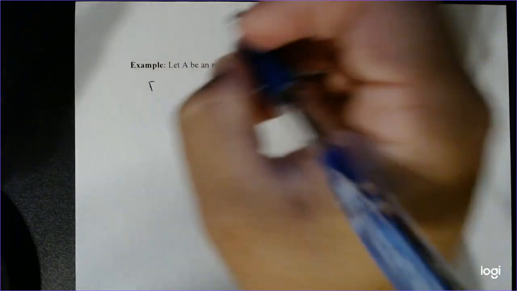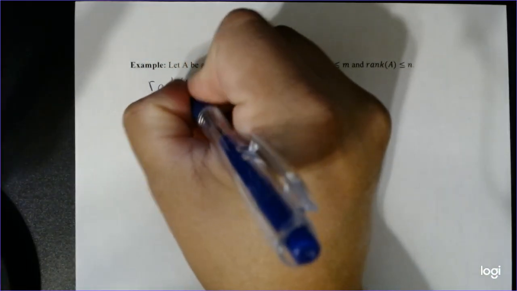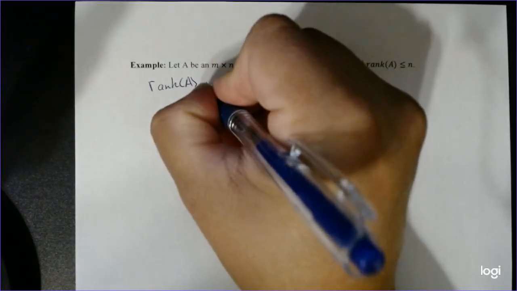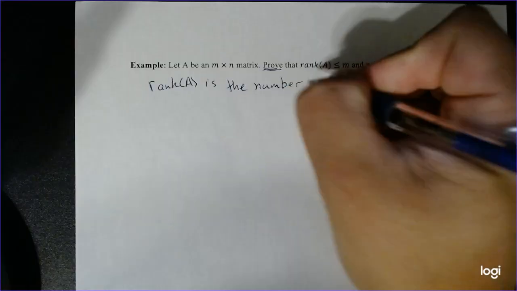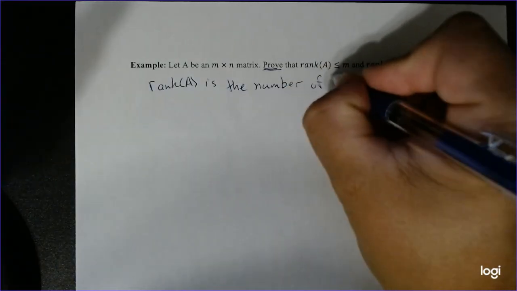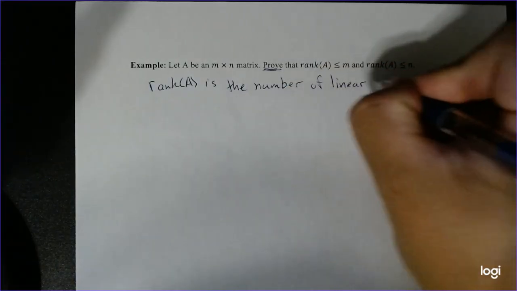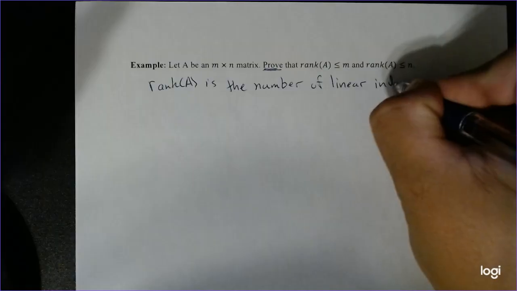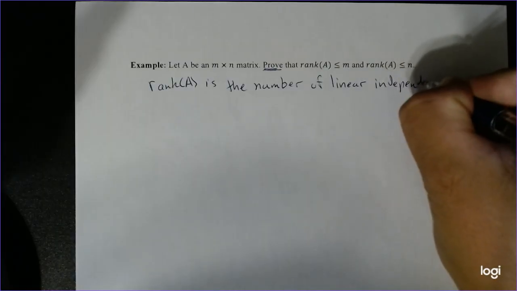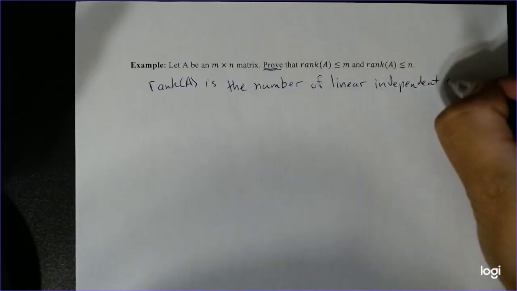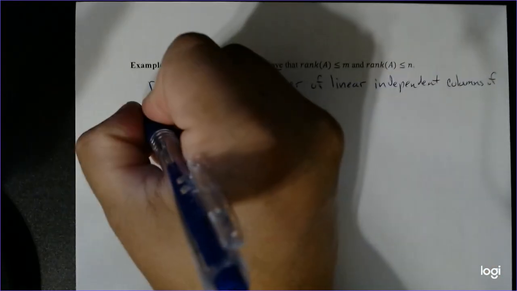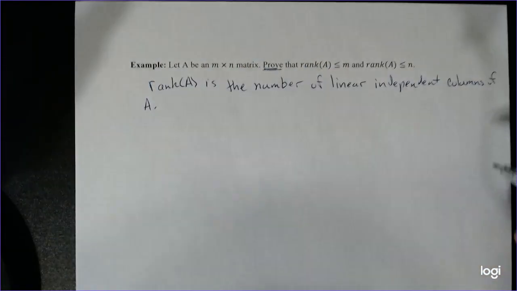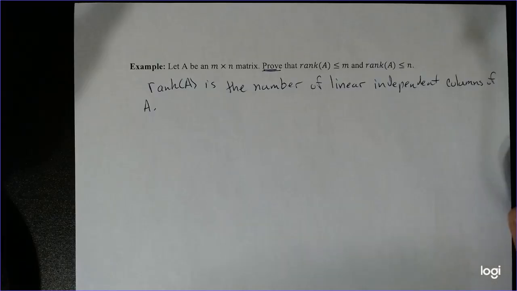The rank of A is the number, we're just going to write this down for reference sake, the number of linearly independent columns of A by definition.